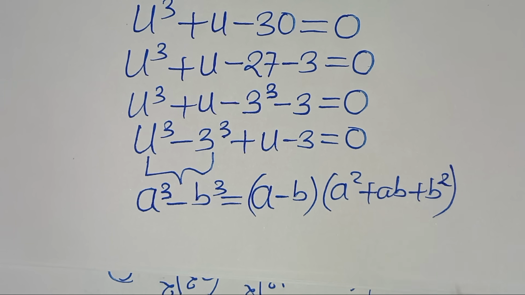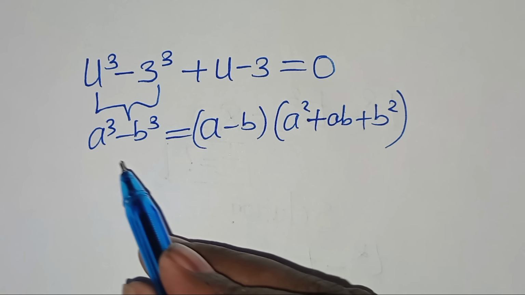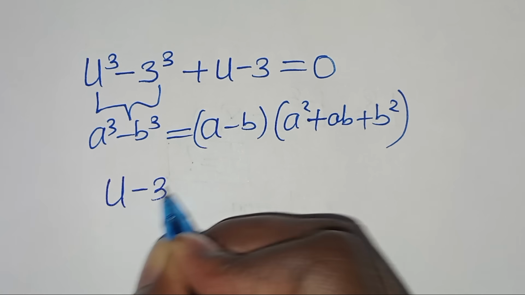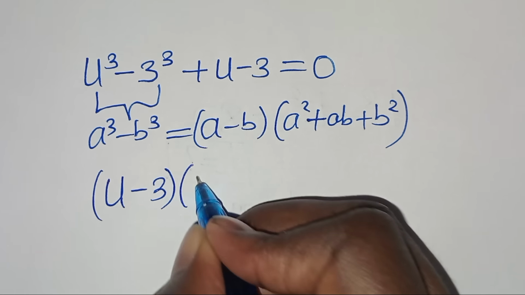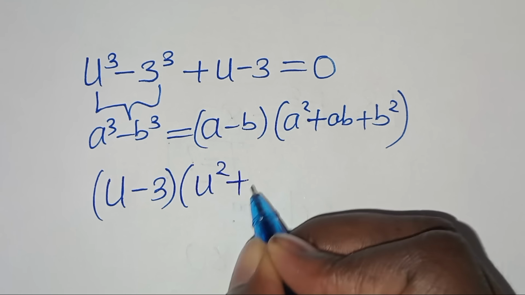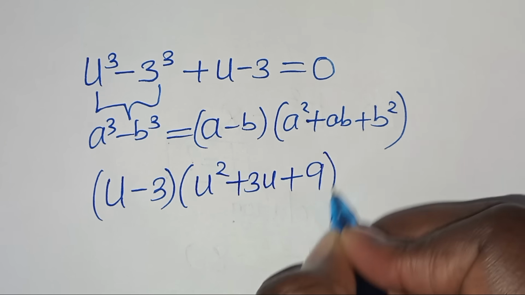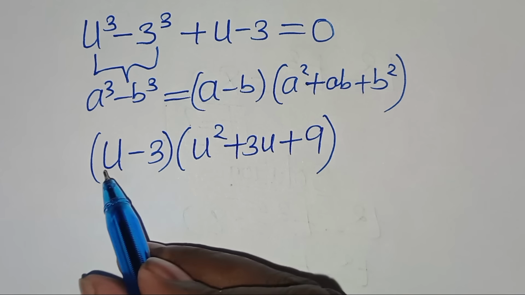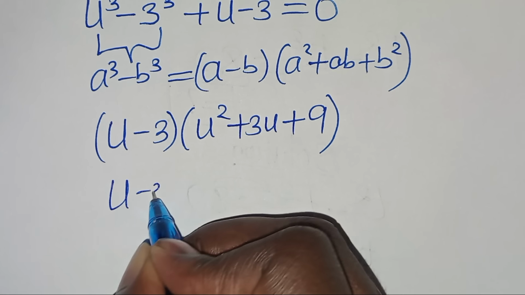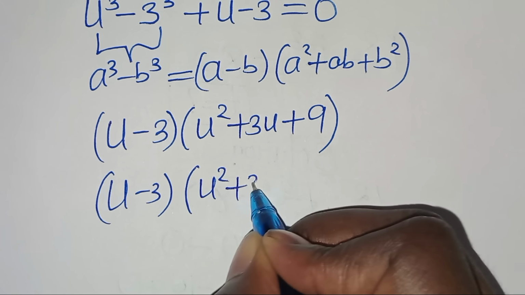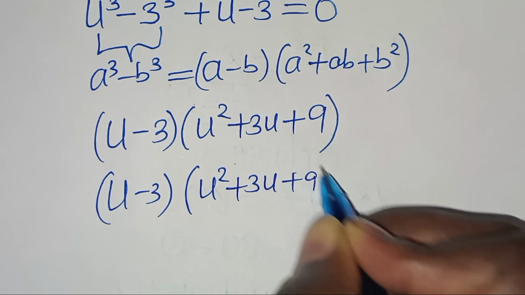Applying this property, here we have u minus 3. Then here we have u squared plus 3u, then plus 3 squared, which is 9. Now, this is u minus 3, and this is u squared plus 3u plus 9.